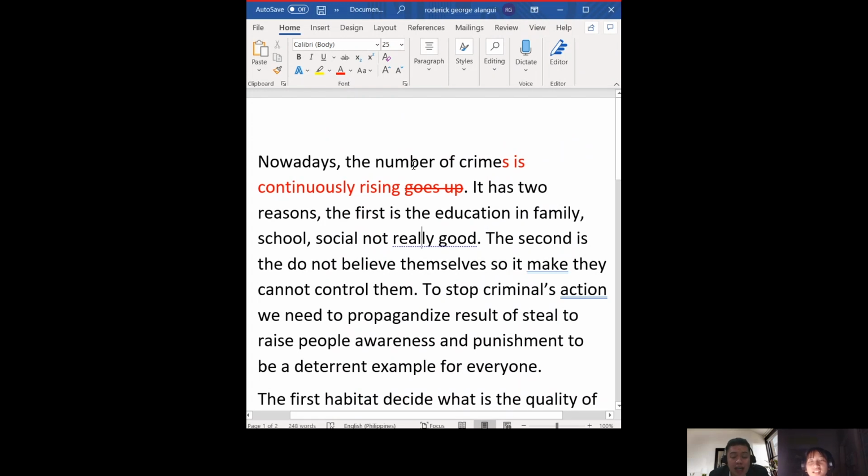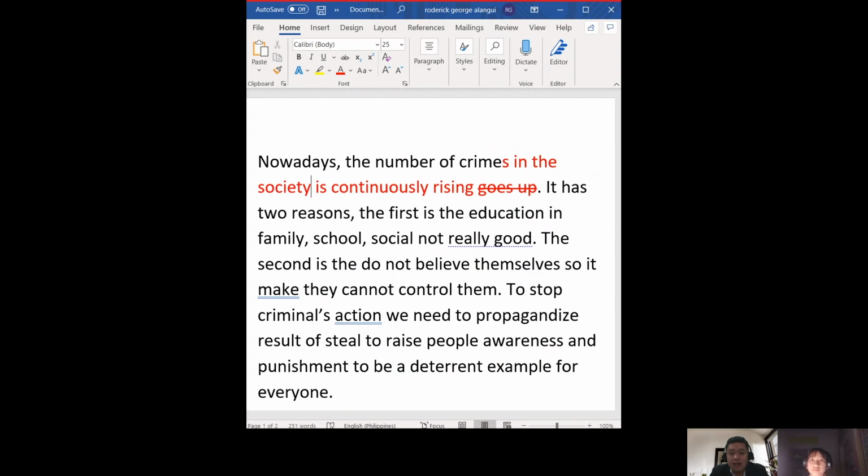First, you have to rephrase the question, right? So nowadays the number of crimes in the society is continuously rising.